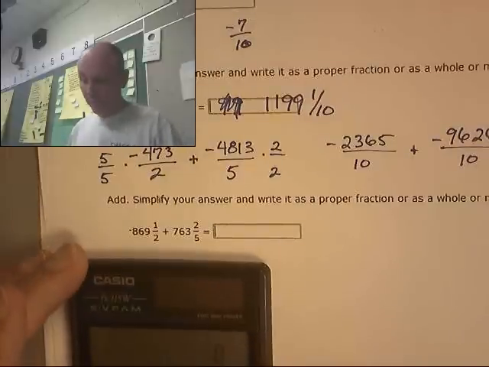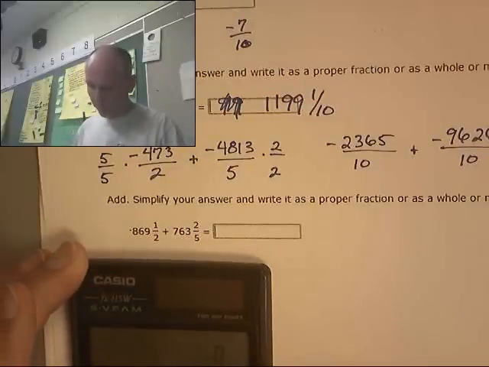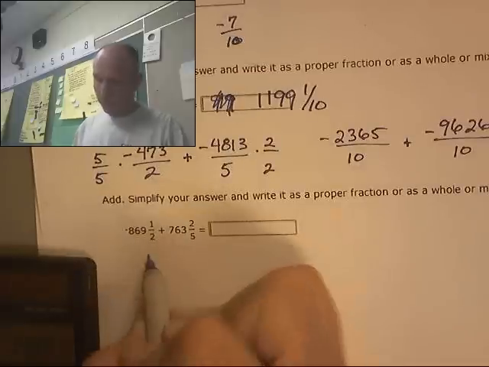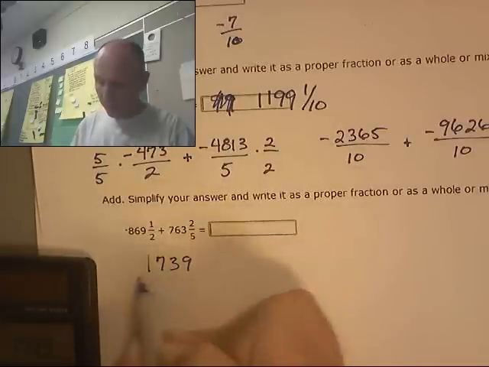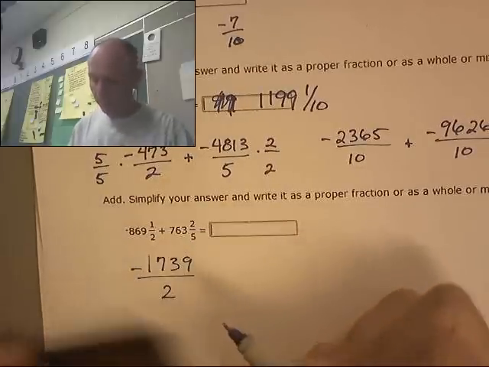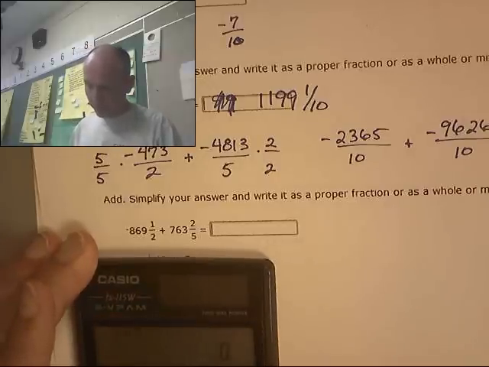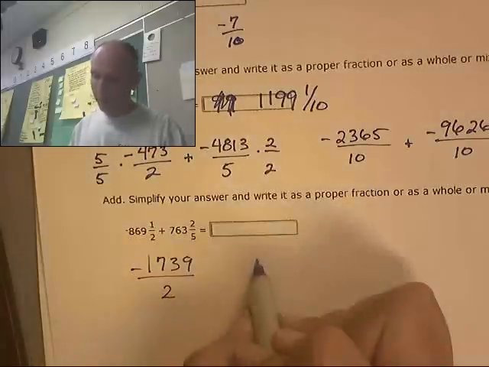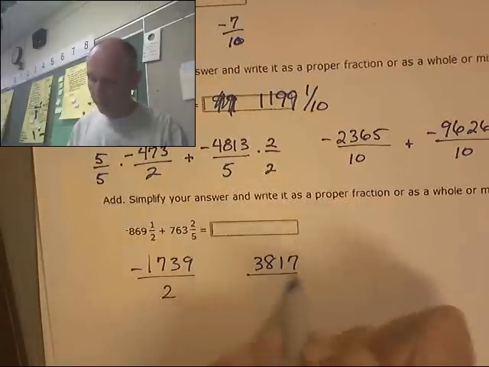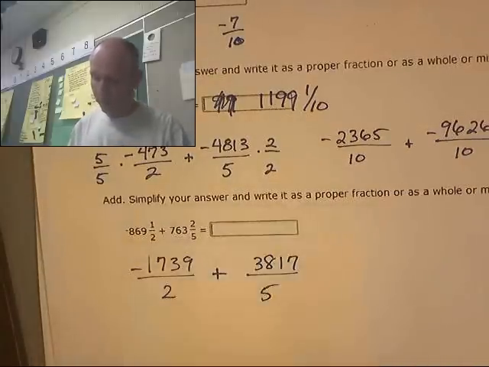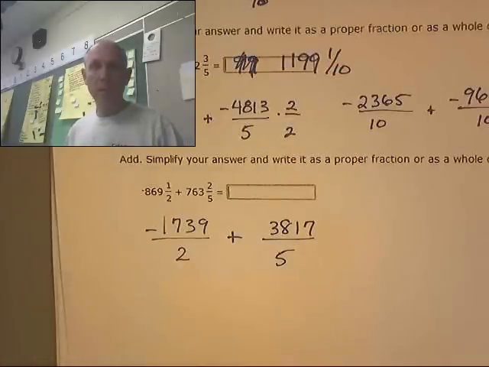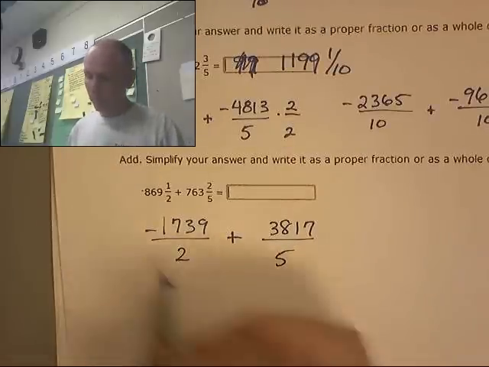Okay, coming back to the calculator work. Here we go. So 869 times 2 plus 1, that's 1,739. 763 times 5 plus 2, 3817. Common denominator is going to be a 10.